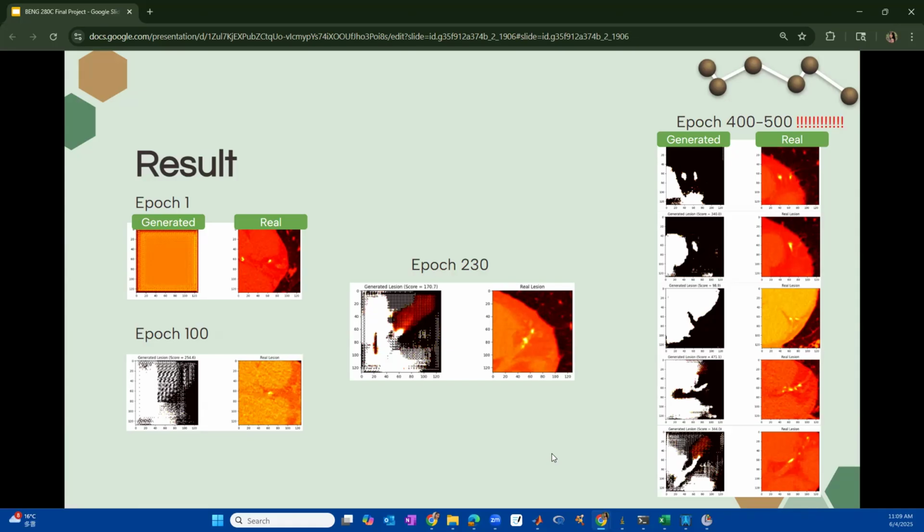So in epoch 400 to 500, the top one, all the red's gone, and it's popped in two estimates of lesions there on the generated version. It's a binary mask of two lesions there. Got it. And that lesion's a big guy.